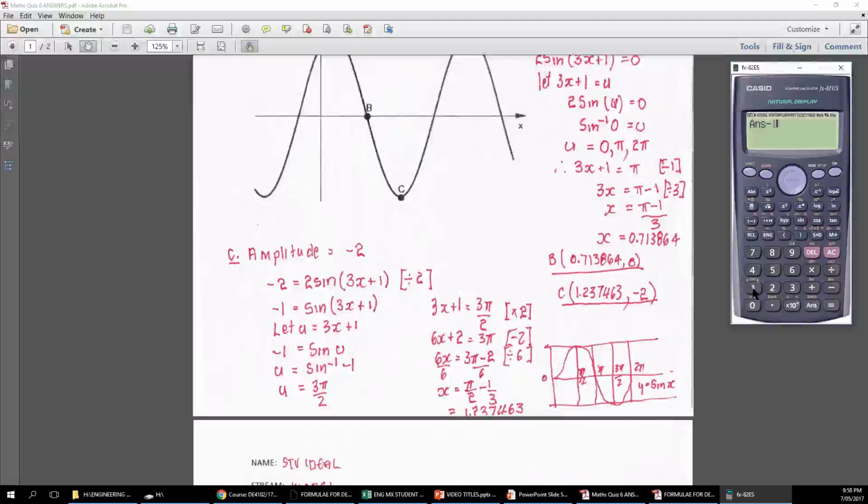I just go 1 divided by 3 equals, and that gives me 1.237463, or 2993, which is what I've written down there. That little graph there is just for help.